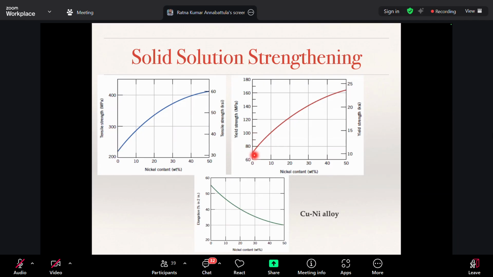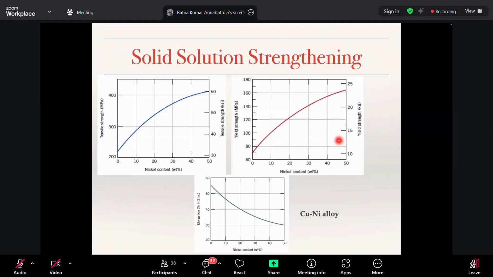I think tensile strength is not a good candidate to look at. It is 70 megapascals for pure copper. To that pure copper, if you add 10% nickel, then you will see that the alloy strength is 100 megapascals. So adding an impurity is not necessarily a bad thing to a material. You are actually able to increase the yield strength of the material.